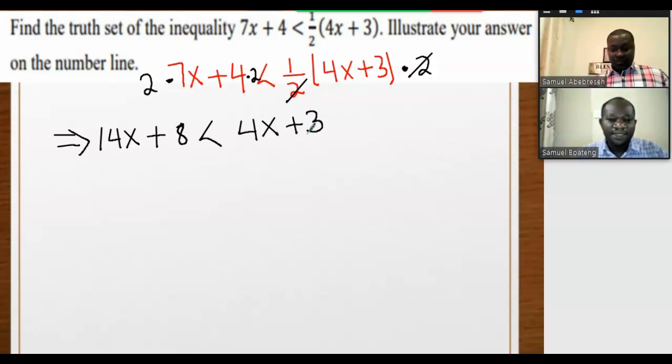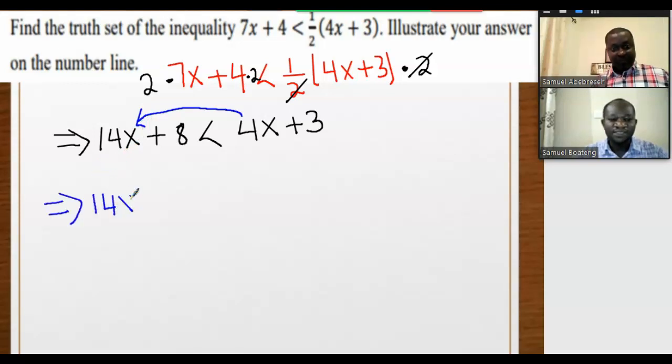We have a term in x on both the left and the right-hand side with an inequality sign. So what we can do is to group them. So let's bring the 4x to the left-hand side. So it implies that 14x minus 4x less than, we send the 8 to the right-hand side.